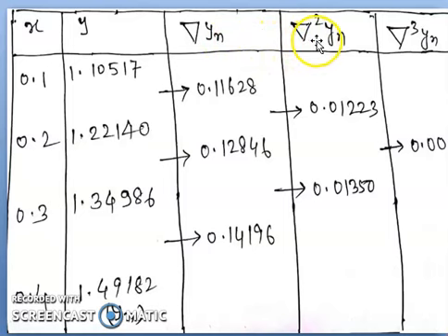Now the next, del square yn, is again the difference between these two, written in the middle. This is 0.01223, and the next difference between these two is 0.01350. Again the last column is del cube yn, the difference between these two written in the middle, that is 0.0027. So this is the backward difference table.